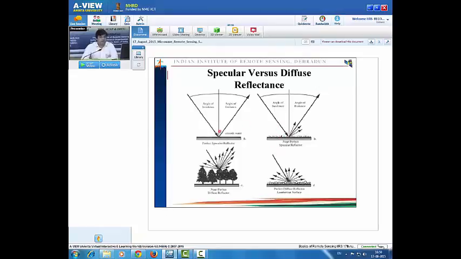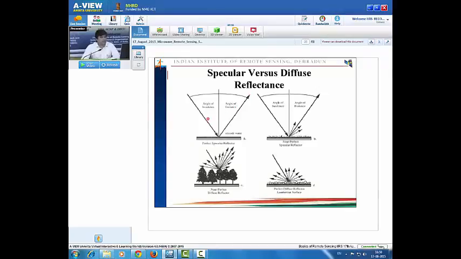So if you see the first figure, this is an example of a perfect specular reflector. Here, the sensor transmits the electromagnetic pulses, and if the surface is perfectly smooth like water or plain ground, then the whole radiation will be reflected away from the surface, away from the sensor.